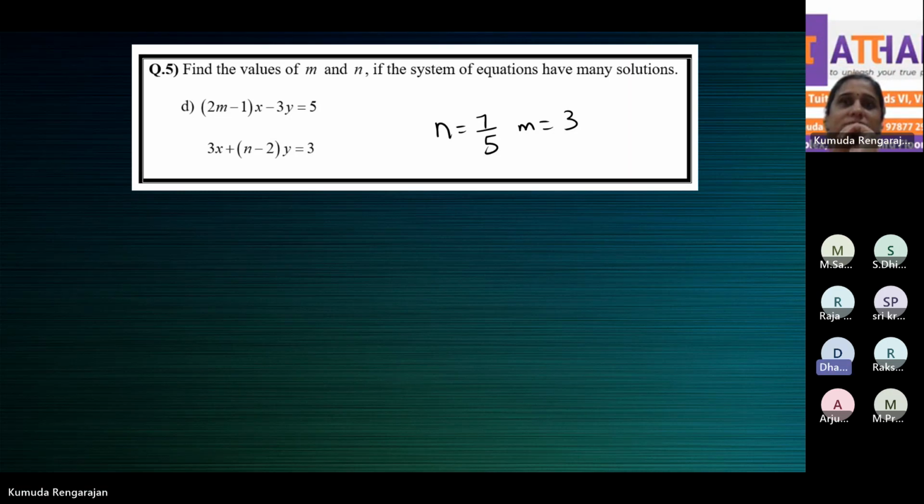Ma'am, I got n as 1 by 5 and m as minus 27. Ma'am, I can't solve these equations. You're not able to solve, right? Yes, ma'am, correct. Yeah, others.